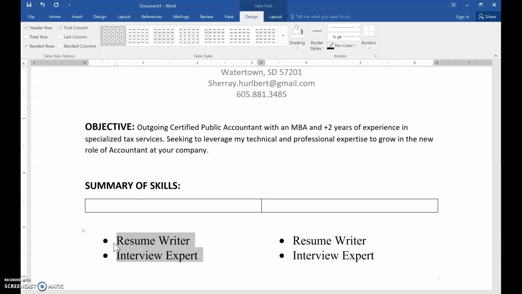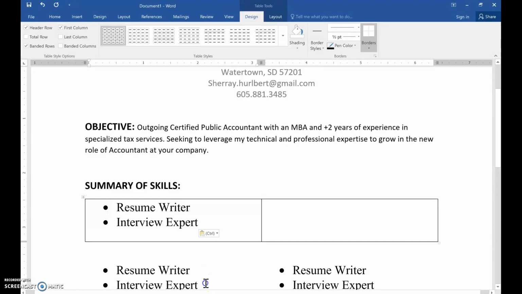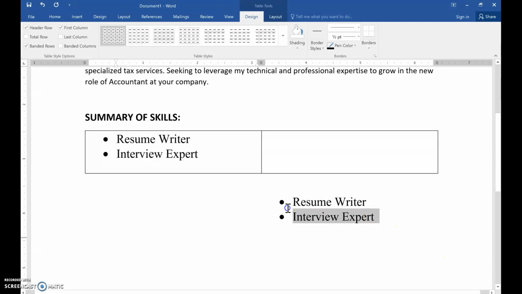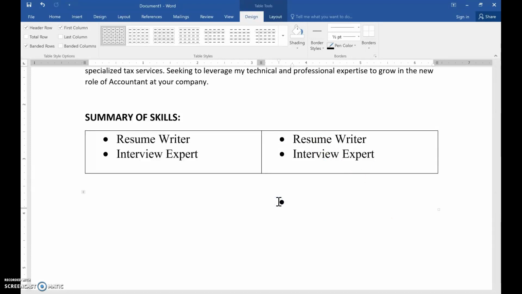If I copy your list and take half of your list items, put them in the left, and then take the other half of your list items, copy them, and put them in the other box, they're going to be much easier to manage and move around.